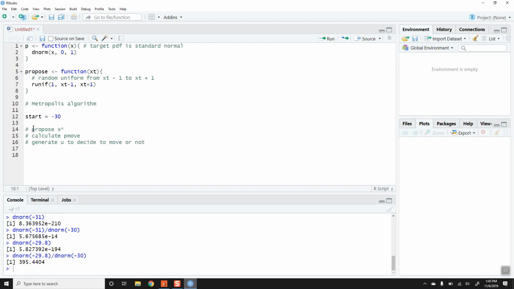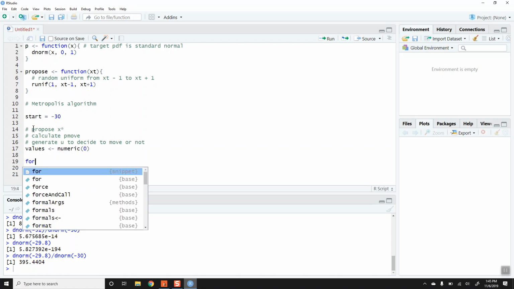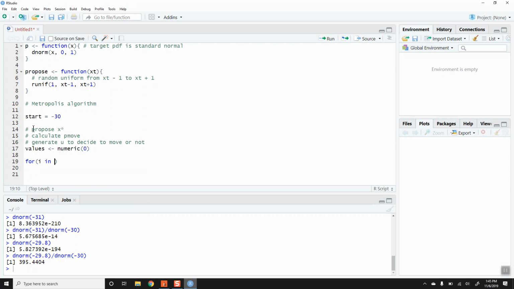Okay, and then all right, so I guess I'll start just a train of values. We'll start off with numeric 0. Okay, and we'll do this for i in 1 through 1,000.